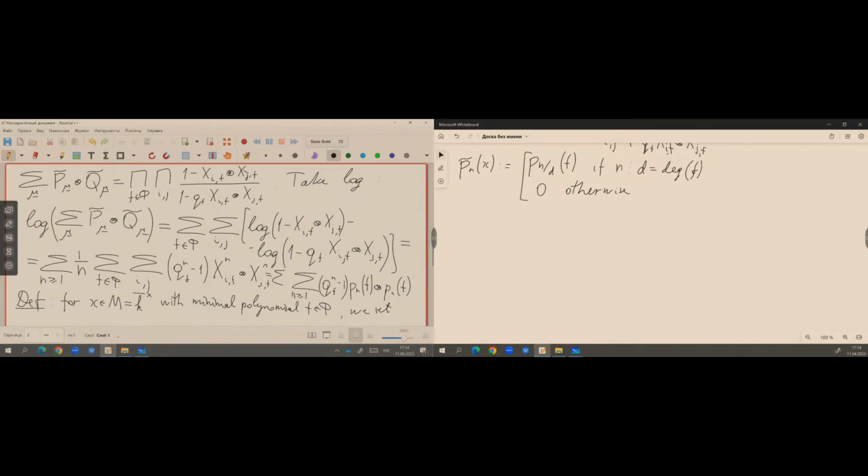So it's the sum over n, 1 over n, and here is the sum over all f. It's all there. Okay.